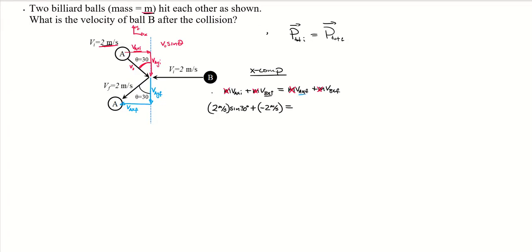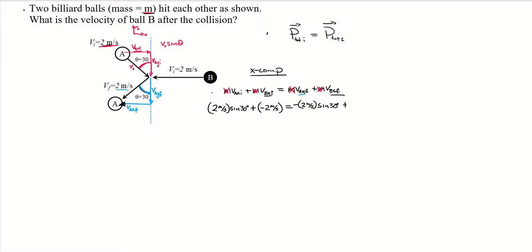If we're looking for VAX final, it is again opposite this angle, which happens to be 30 degrees as well, and the hypotenuse is 2 meters per second. So it's the same sort of thing, 2 meters per second times sine of 30 degrees. However, this is in the negative x direction now, so that velocity is going to be negative.